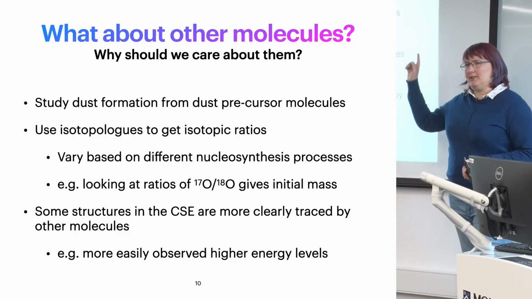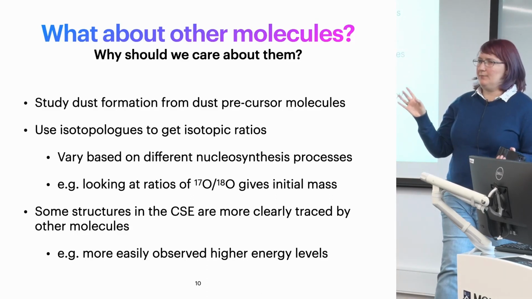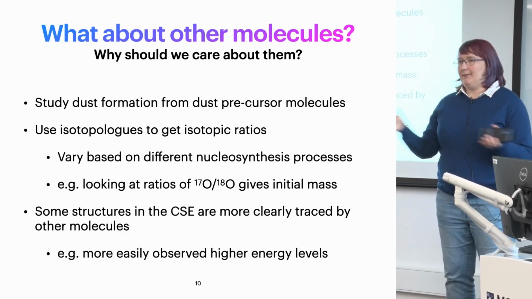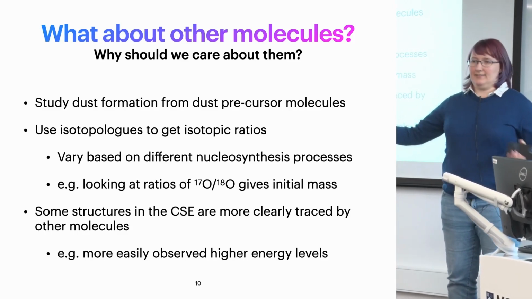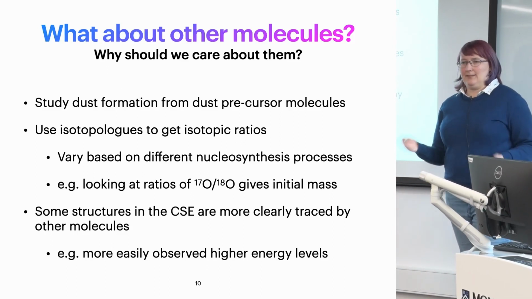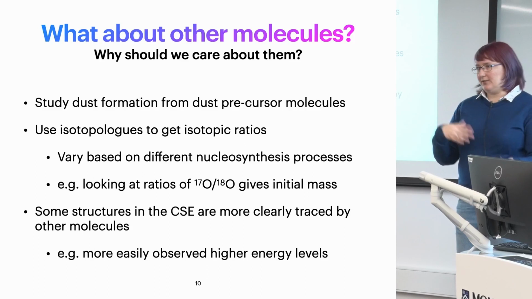This is also useful because in the radio regime, the different lines of different isotopologues are generally quite well resolved or quite separated. So there's no contamination to worry about. Or if there is, it's coincidental and would only apply to one transition, not all of them.